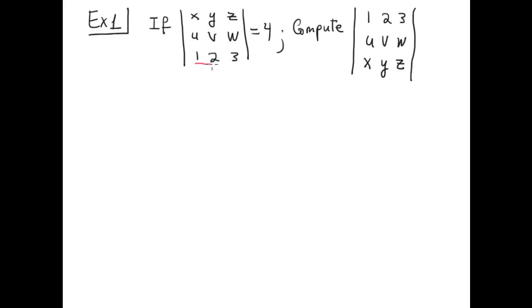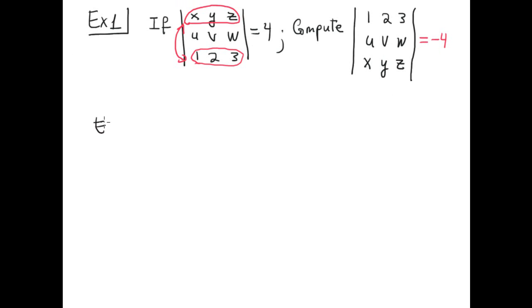The difference is that row 3 and row 1 are interchanged. Look, I know when this situation happens, the value of the determinant is exactly the same as this but with the opposite sign, which is negative 4.